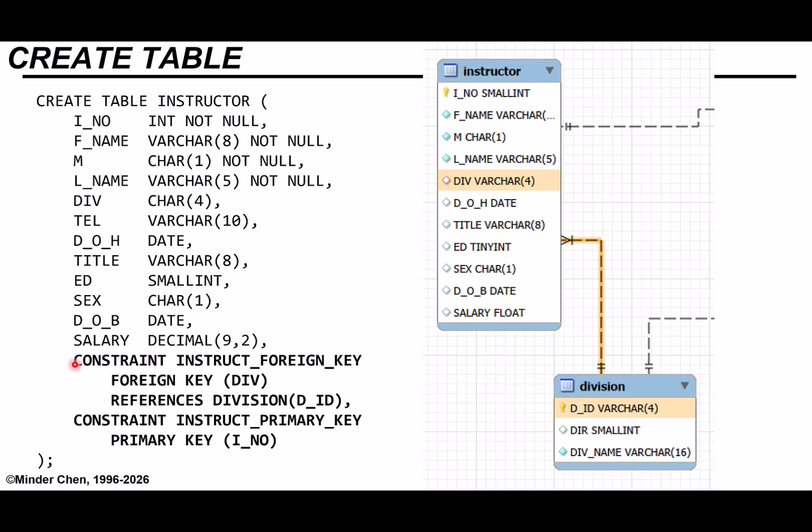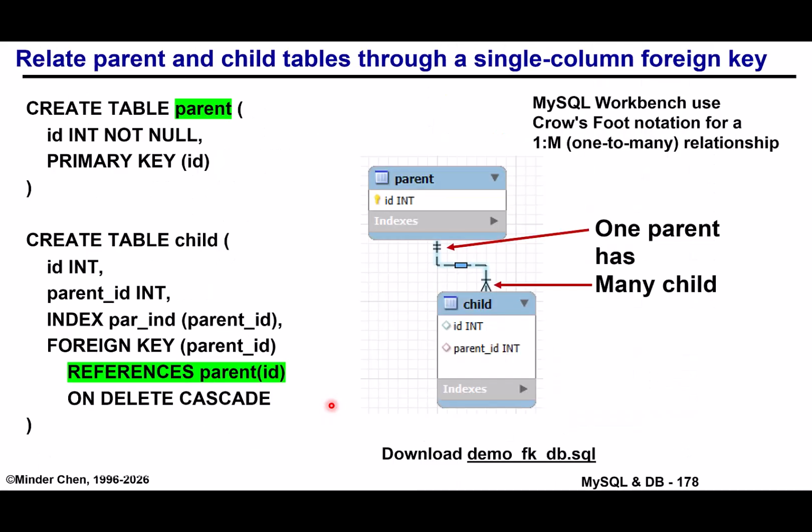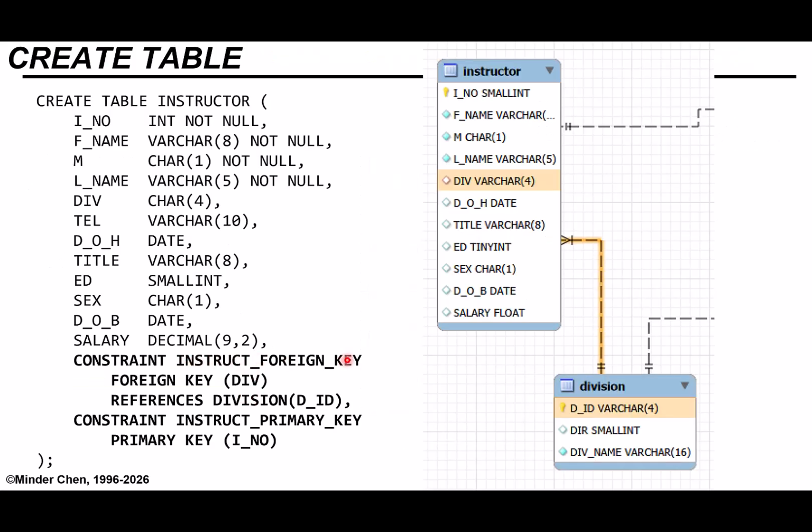Okay, and this is where we define the constraint. We have a foreign key. This is the name of the foreign key. You can give a foreign key constraint a name. Here we did not specify the name, but it's a good idea to give it a name.